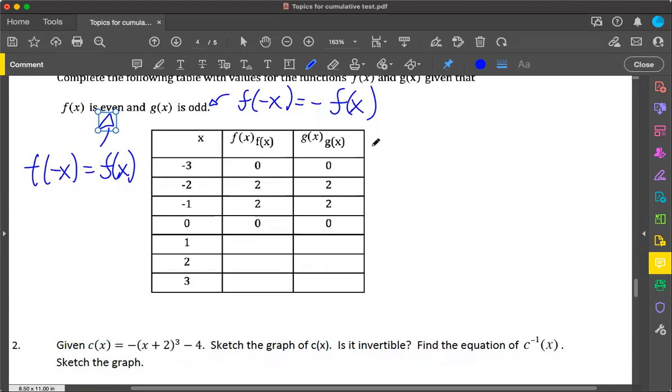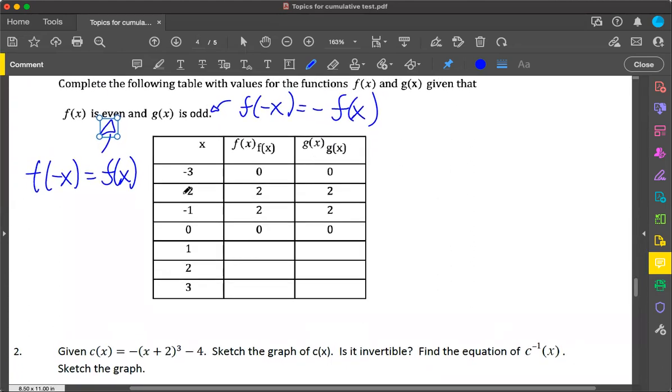So if it's even, whenever you have a negative input, the positive input is going to match the same outcome. So this is also 2, based off of this. And this negative 2's outcome should be the same as this positive 2's outcome. So this is also 2.